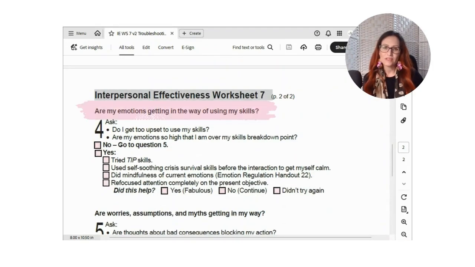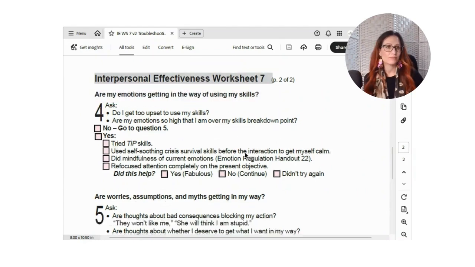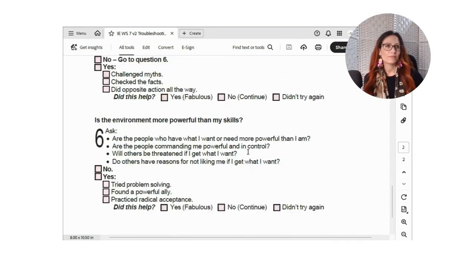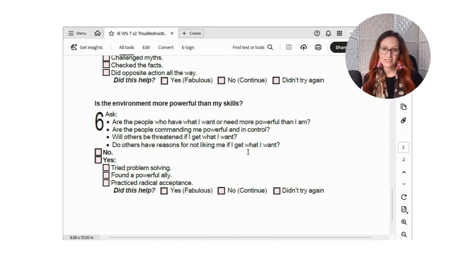Number 4, are your emotions getting in the way of using your skills? Number 5, are your worries, assumptions, and myths about interpersonal effectiveness getting in the way? And 6, is the environment more powerful than your skills? So let's go through each question one by one.